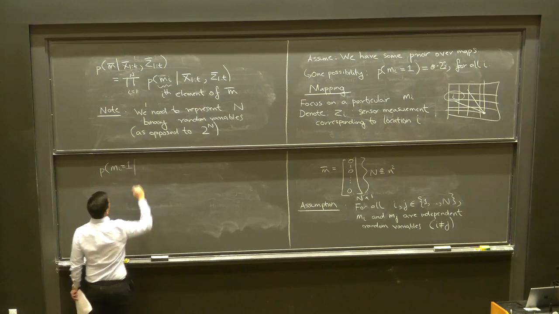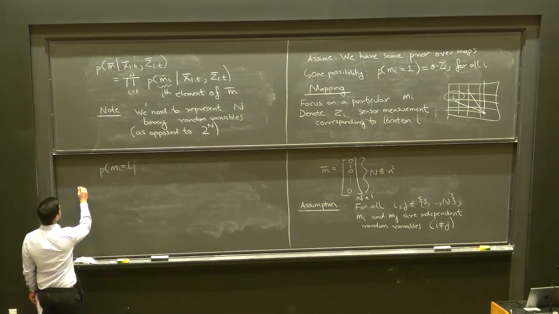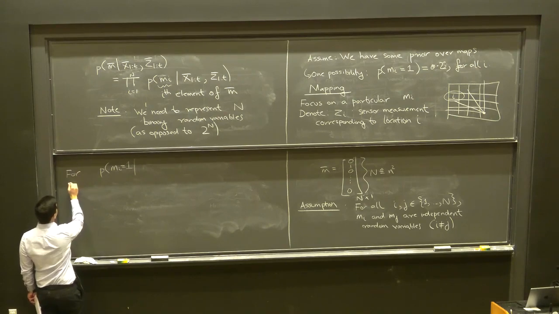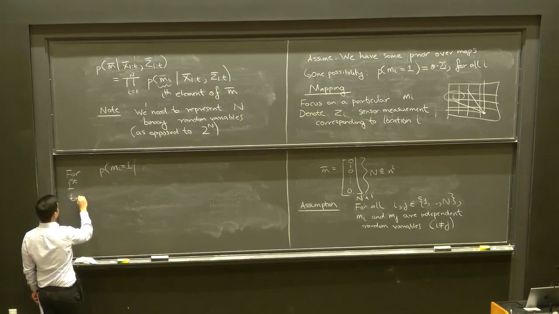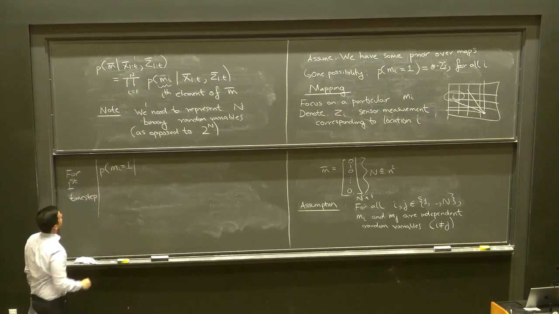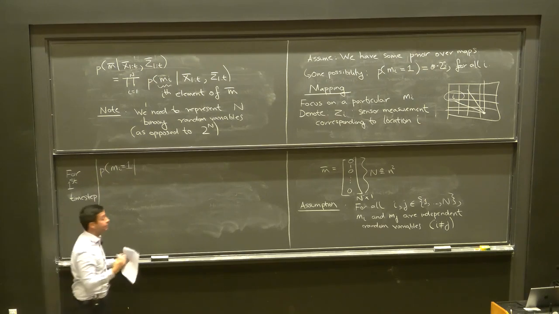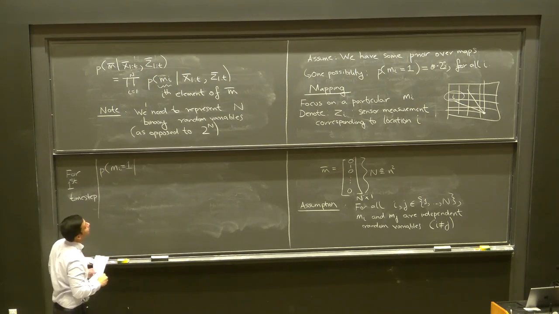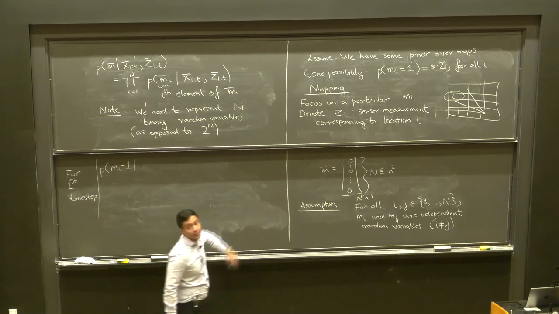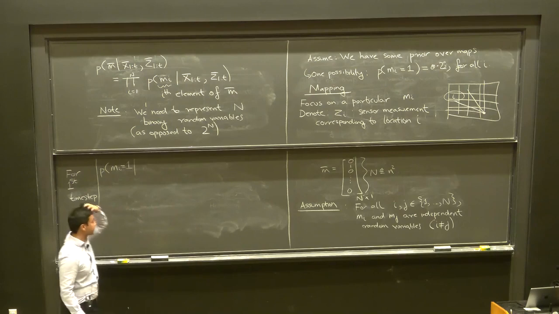What I'm going to do here is just the very first time step. Before the robot receives any sensor measurements, at time 0, it has this prior belief over occupancies. That's the prior over maps.